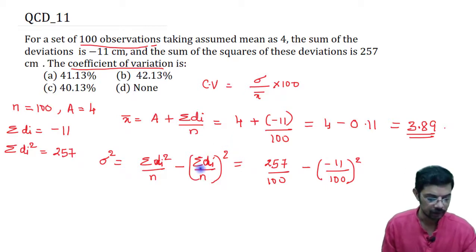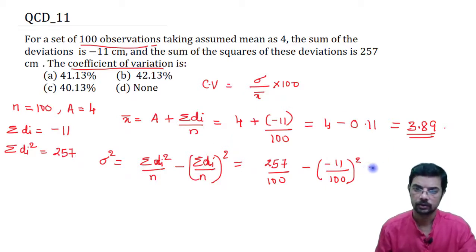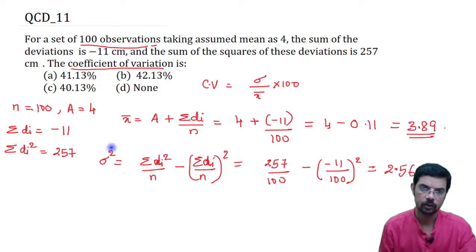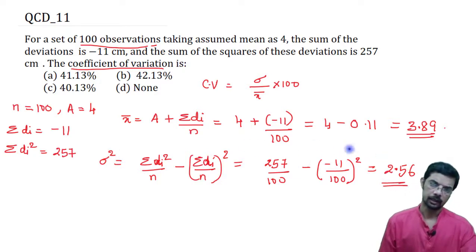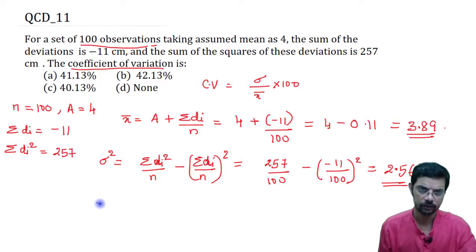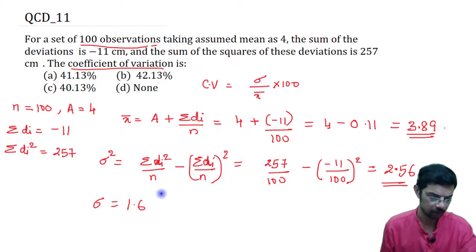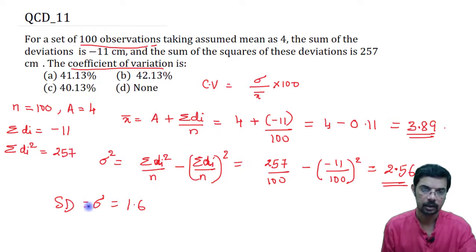Finally, sigma square is equal to 2.56. So sigma is the square root of 2.56, and the square root of 256 is 16, so it is 1.6. Standard deviation SD equal to sigma is 1.6.